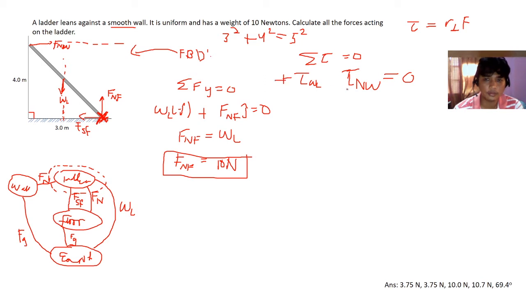And the normal force due to the wall is causing the ladder to rotate clockwise, so it's negative. So let's do R moment arm of the weight of the ladder times the weight of the ladder, minus R moment arm of F_NW times F_NW. Got so many subscripts.